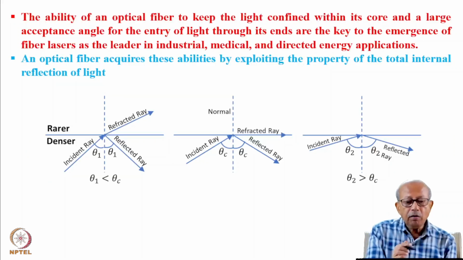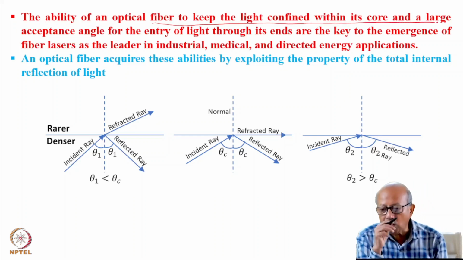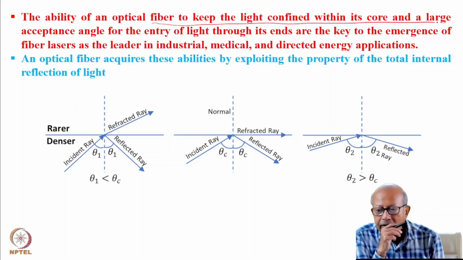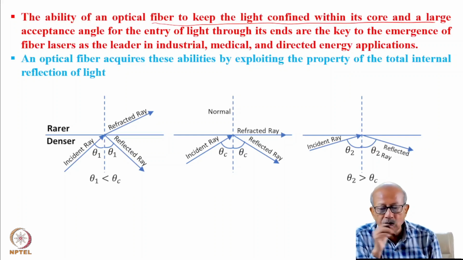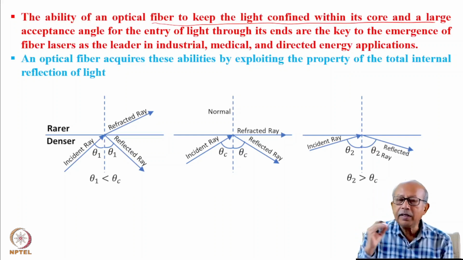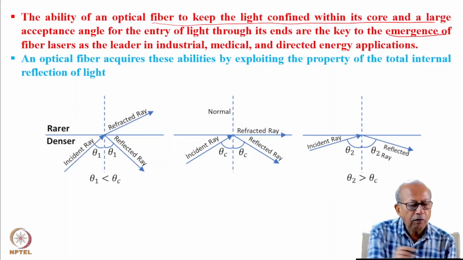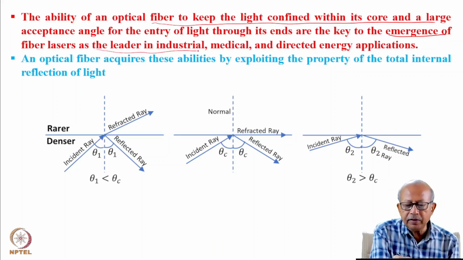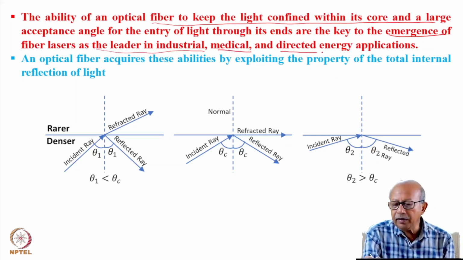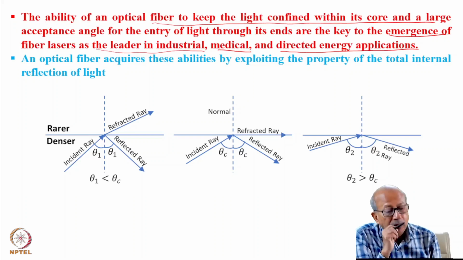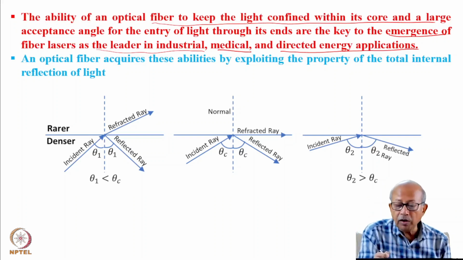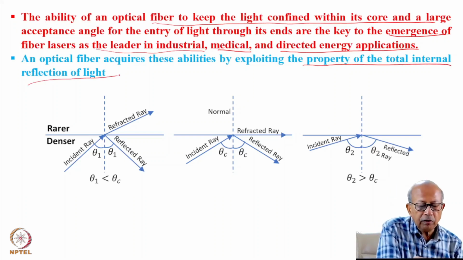The ability of an optical fiber to keep the light confined within its core and a large acceptance angle for the entry of the light through its ends are the key to the emergence of fiber lasers as the leader in industrial, medical, and directed energy applications. An optical fiber acquires these abilities by exploiting, as you know, the property of total internal reflection of light.